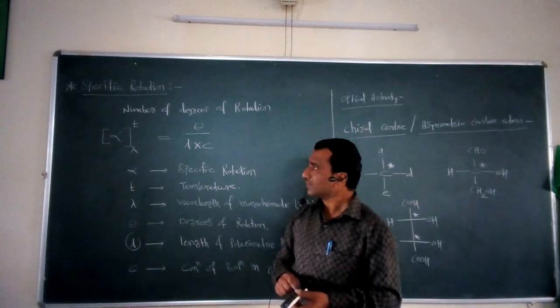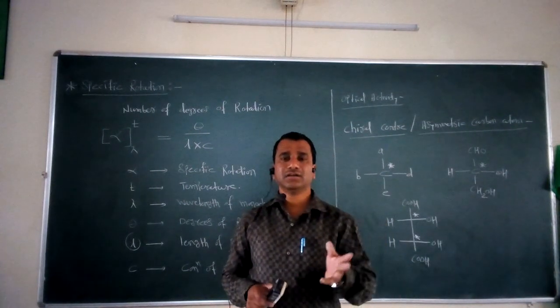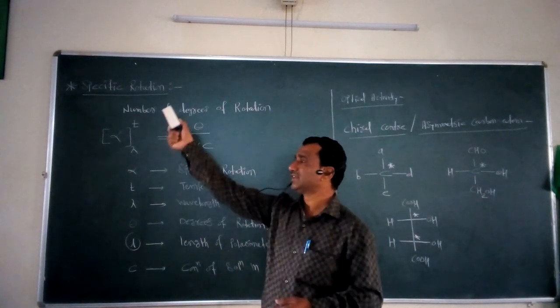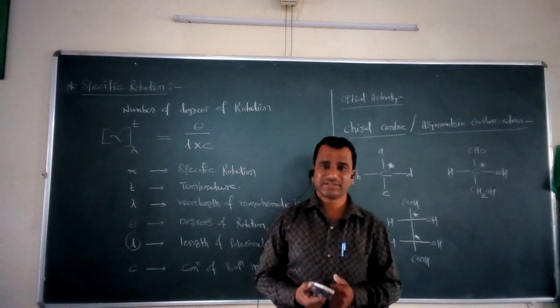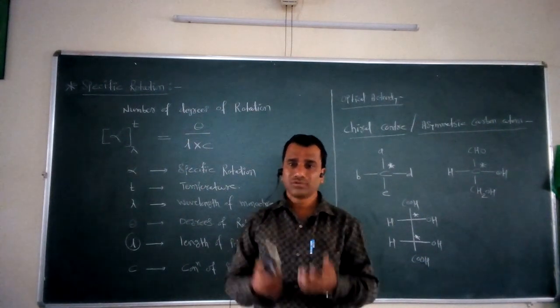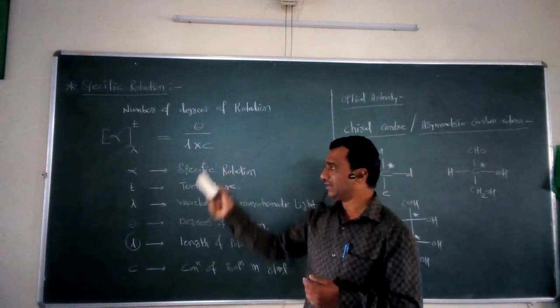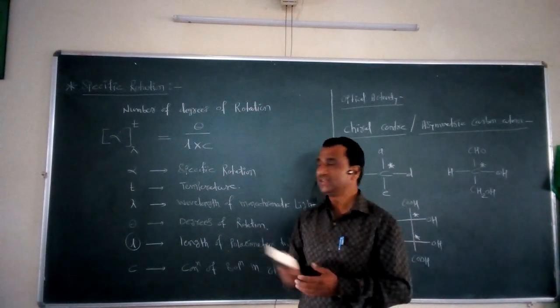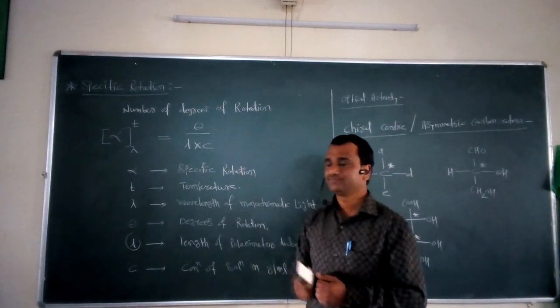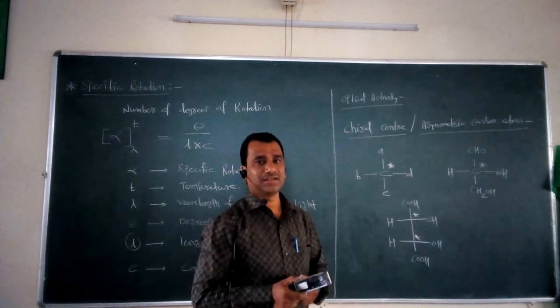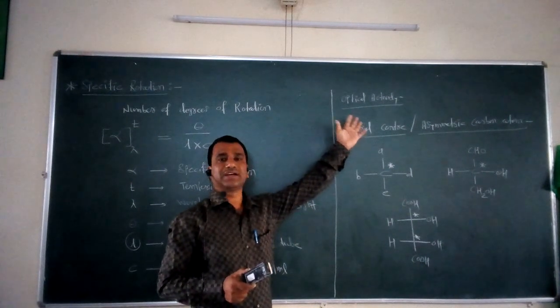So up to this point, we considered some important concepts. First is specific rotation. What is specific rotation? How to calculate it with the help of a simple equation? What are the different parameters involved in this equation? After that, we considered the simple concept of optical activity.